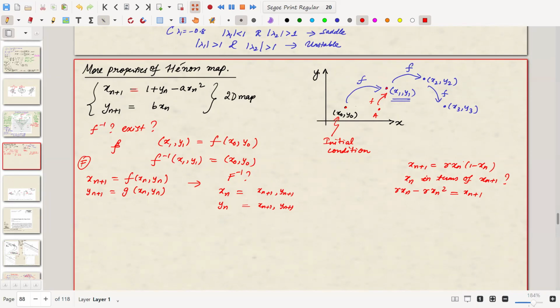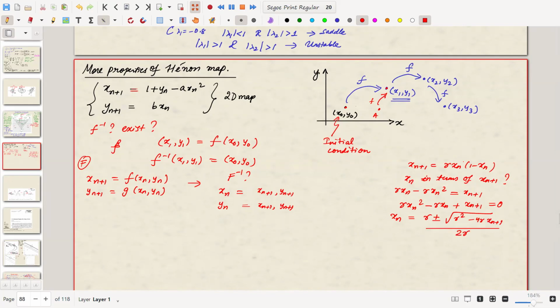You can treat this as a quadratic equation. So R x_n squared minus R x_n plus x_{n+1} is equal to 0, isn't it? Can you give me x_n? x_n equals minus b, that is R, plus minus root over b squared minus 4R x_{n+1}, divided by 2R.